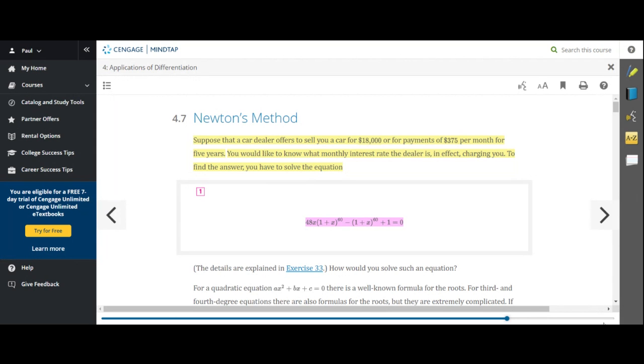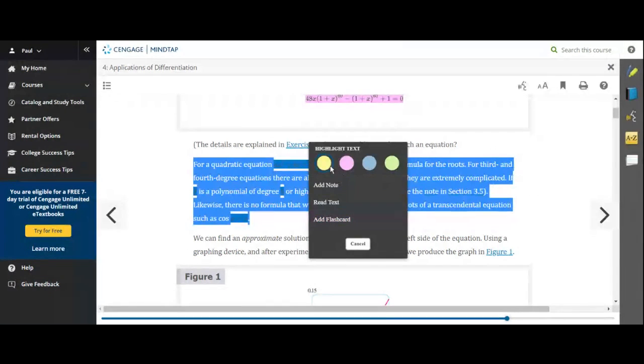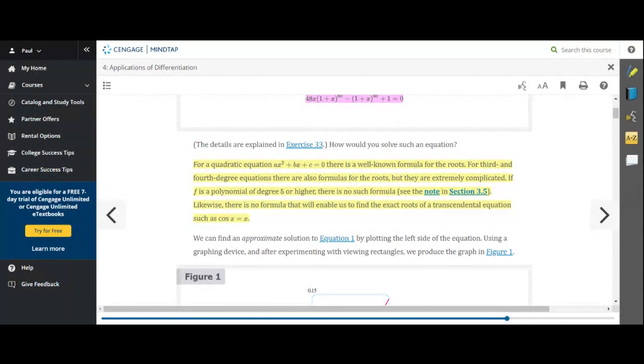If you have a quadratic equation, that's easy enough to solve for x. For third and fourth degree equations, there are formulas for the roots, but they are complicated. Believe me, they are. And for a polynomial of degree 5, there's no such formula.